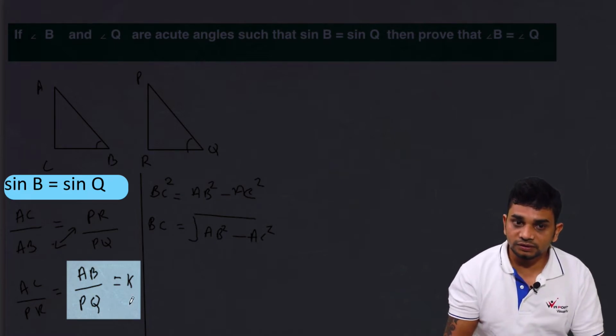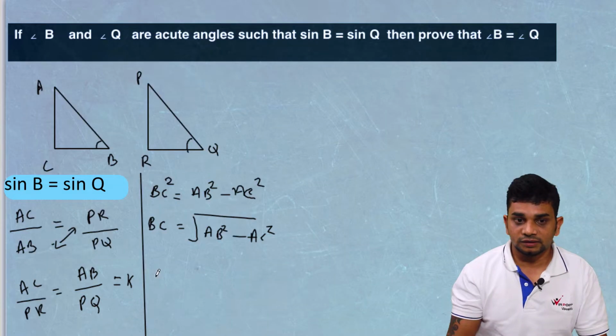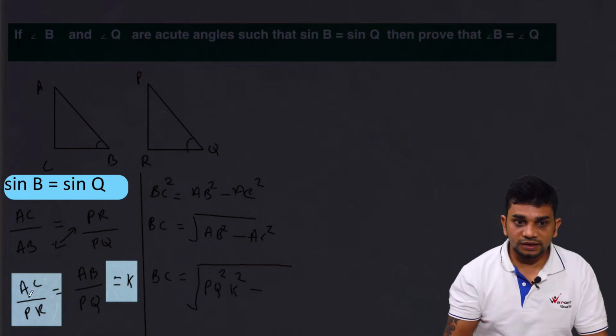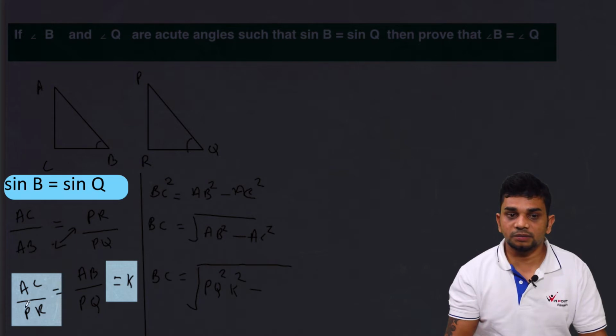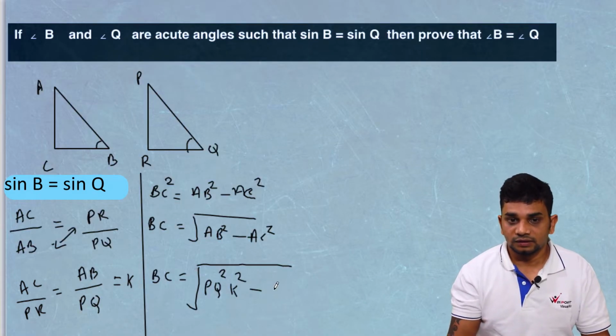Yes, AB will be equal to PQ into K. So we can write BC equal to root of PQ square into K square minus, instead of AC, can we use PR into K? Yes, because AC by PR is equal to K. So AC will be equal to PR into K, and instead of AC square we write PR square into K square.